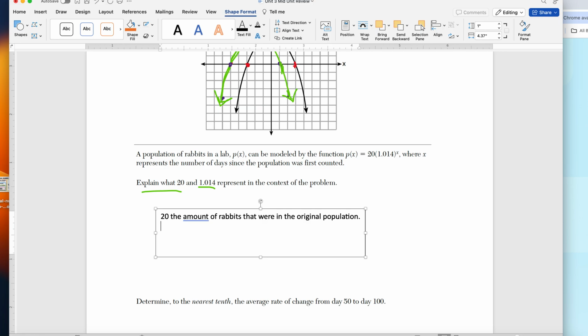Okay, and the 1.014 represents the rate that the function, or the population, is increasing.